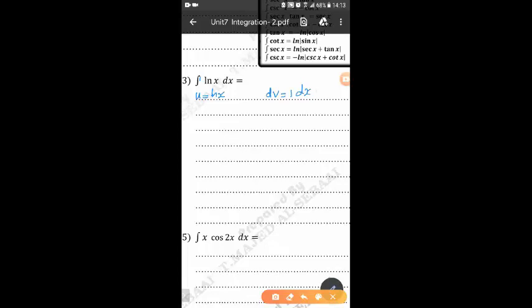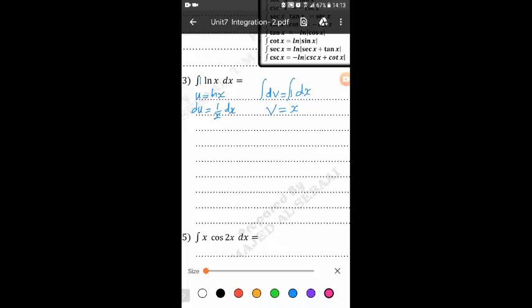I can put 1 in here. You understand? So now du equals 1 over x dx. What is the integration of dv? It's v. What is the integration of dx? It is x. Now it's ready. This by this and this by this.